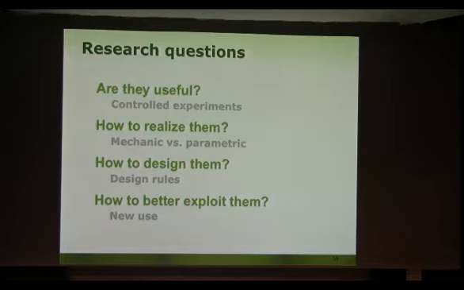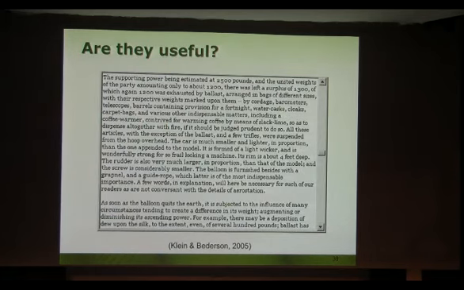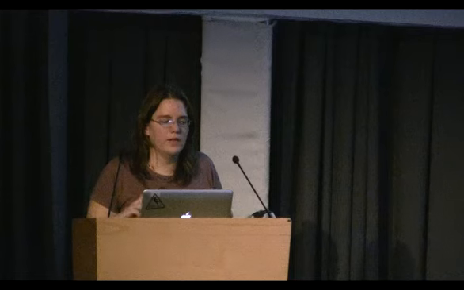So, as for the research question, when you want to have some animation in your interfaces, what are the kinds of questions we wonder about as researchers? Are they useful? We already have the answers. There has been a controlled experiment. For example, in this first study, Klein and Bederson studied the effect of smooth animation for text scrolling.